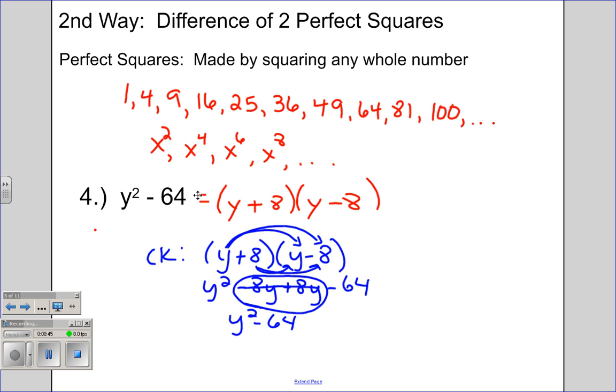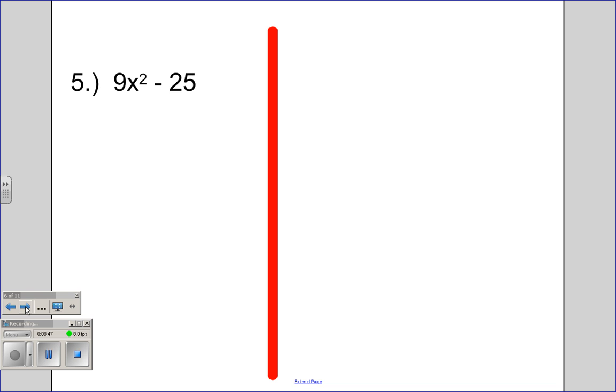So let's look at the next one. 9x squared minus 25. So 9 is a perfect square root. X squared is a perfect square root. And 25 is. So let's factor it. Let's start with a 9x squared. What number squared is going to give you 9? 3.